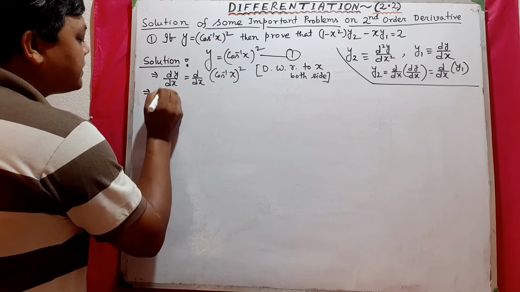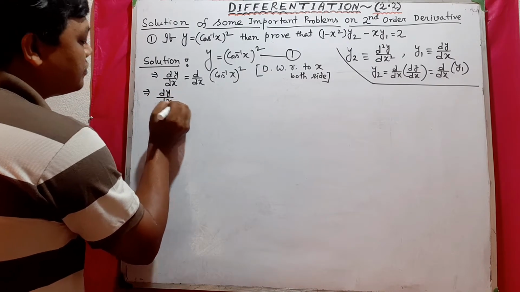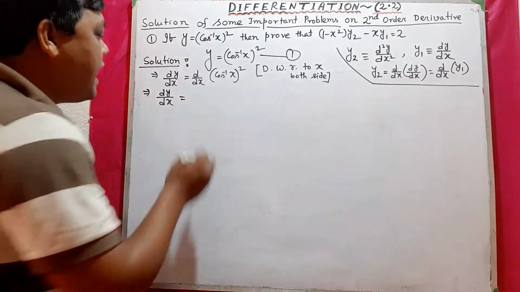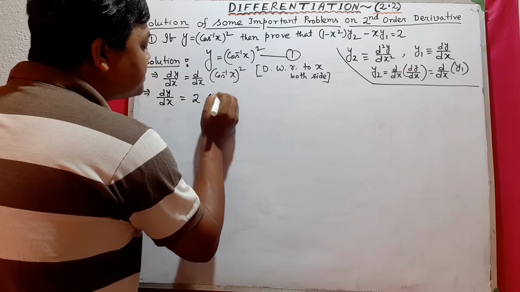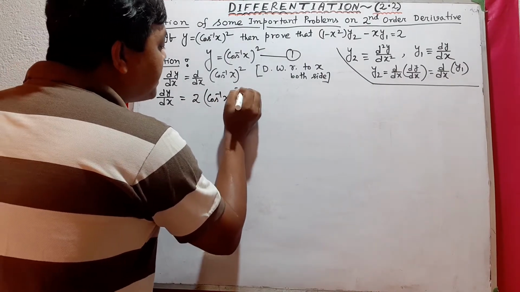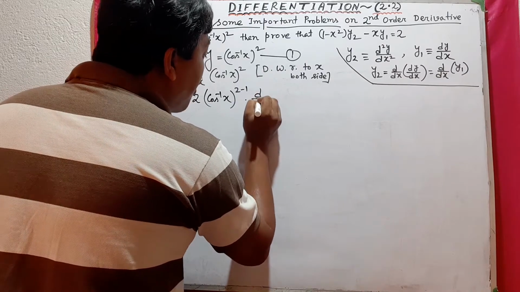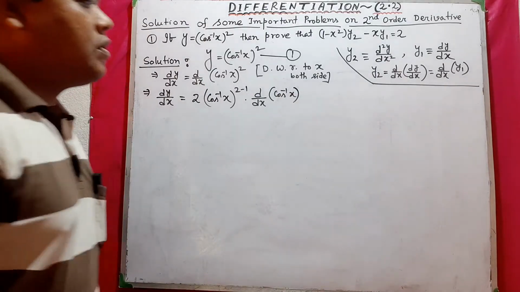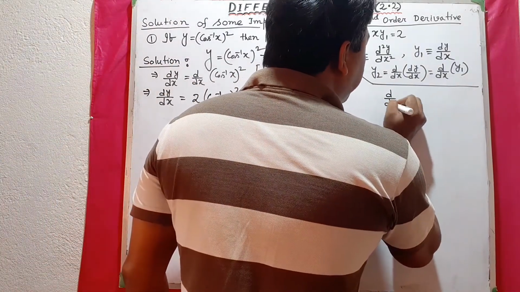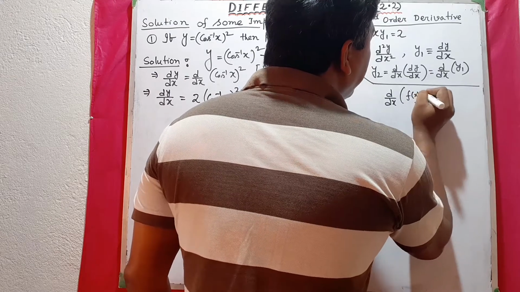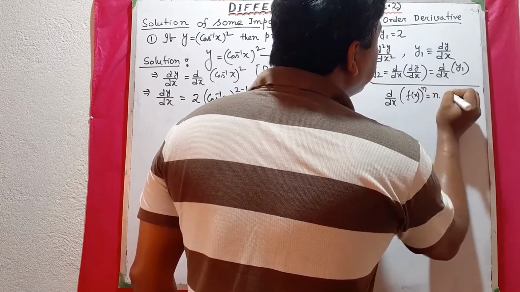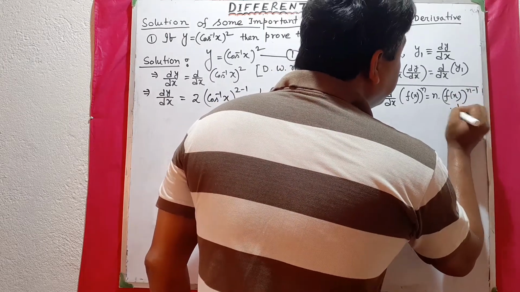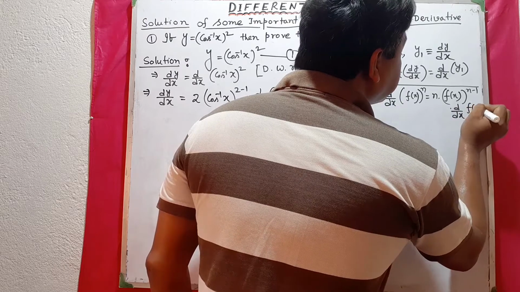So dy dx equals to, (cos inverse x) whole square to the power n formula, n into 2 into (cos inverse x) to the power 2 minus 1 and d/dx of cos inverse x. We have learned the formula earlier: d/dx of any function f(x) whole to the power n is n into f(x) whole to the power n minus 1 into d/dx of f(x).